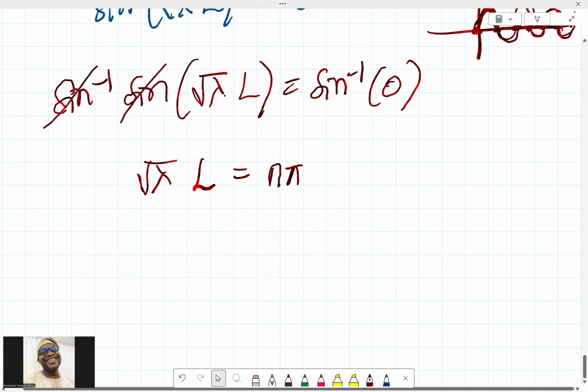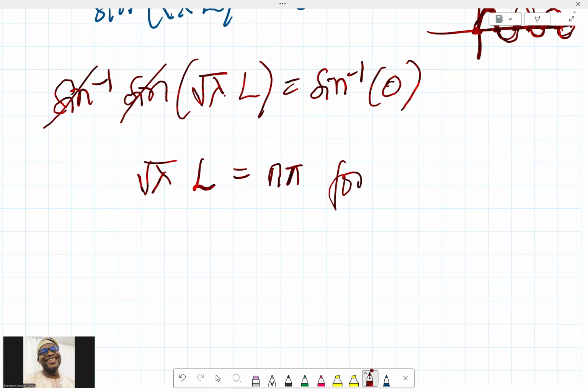Now, if that is the case, we're actually looking for lambda, right? This happens for n equals 0, but let's go for 1, 2, 3, and so on.